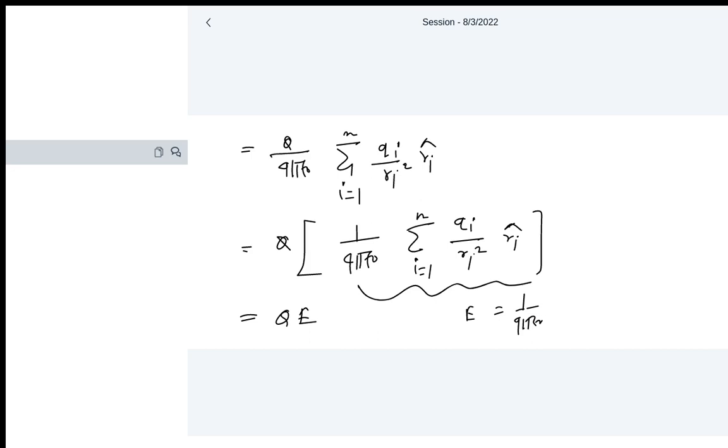We always get the electric field from the source charge, not the test charge. So the electric field on the test charge by the source charges is this expression: summation over i from 1 to N of Qi upon Ri square Ri cap.